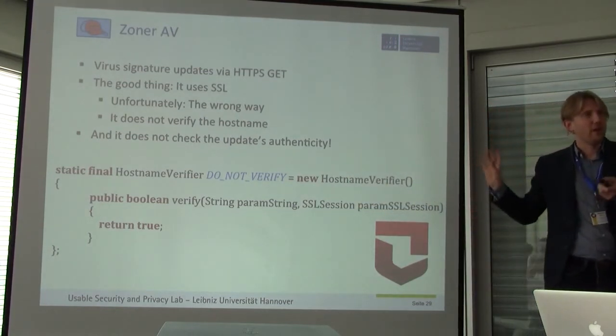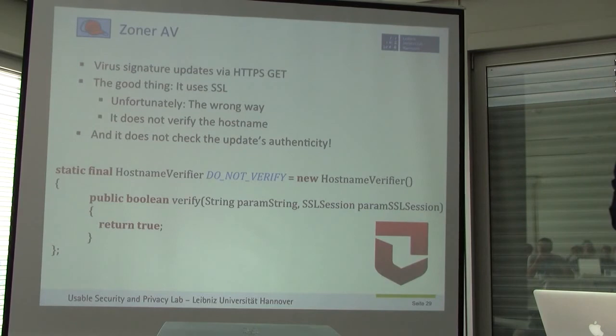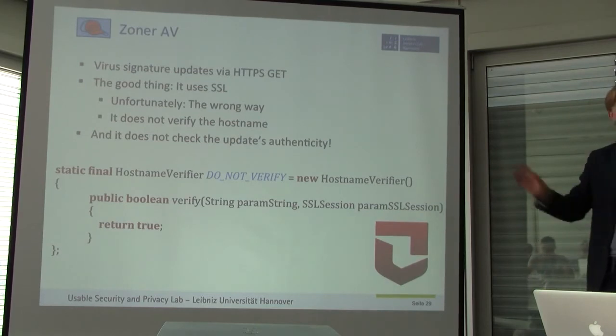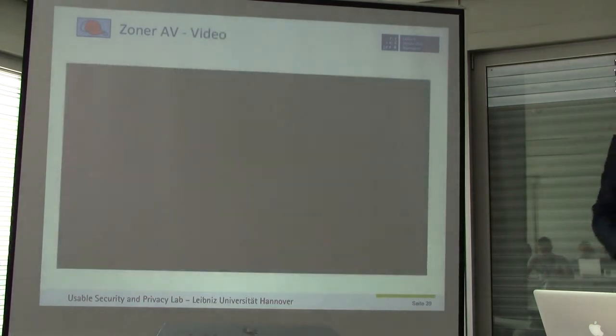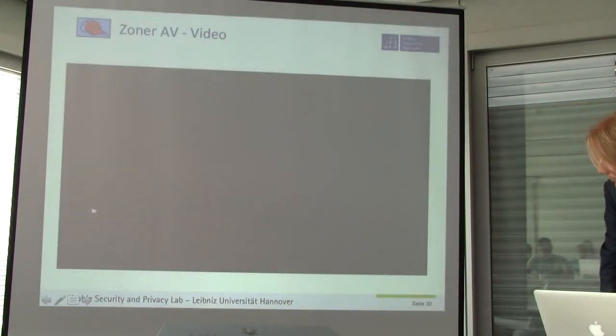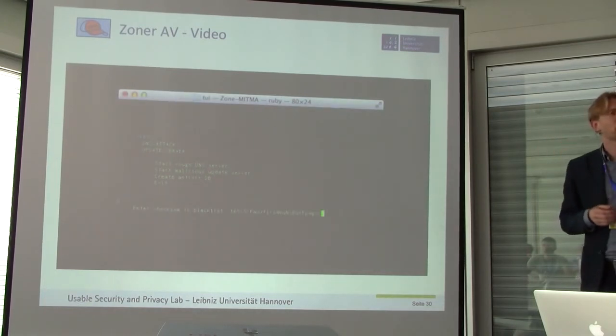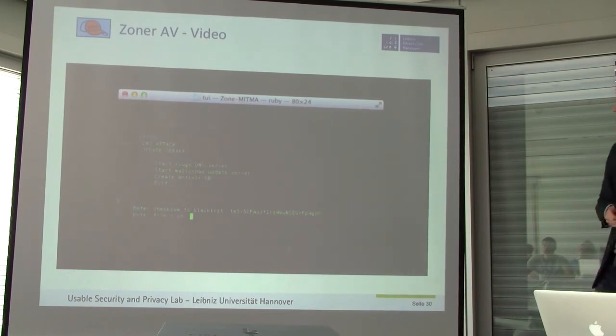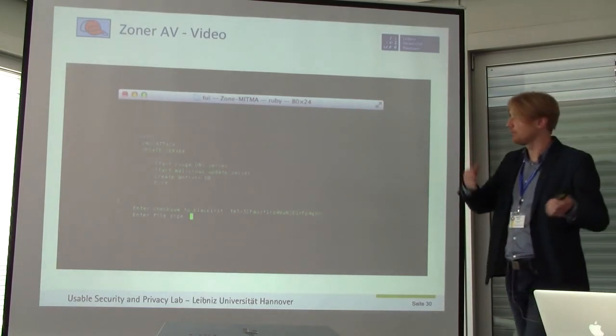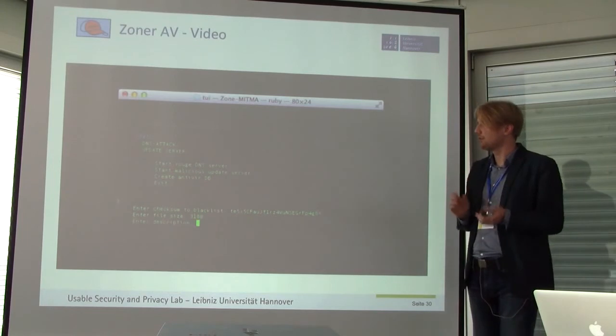So this was fairly obvious that it wasn't doing what it was supposed to in the global sense, but it was still built in. And just a little demonstration of what it looks like if you then get an app like that. And there's also tools you can get from us. We have a little rogue DNS server which allows us to mount an active man-in-the-middle attack. And we then create, for this virus app, a little program which would create a new virus database.